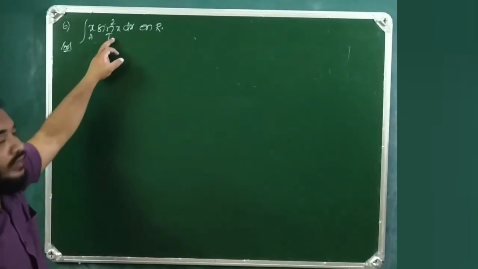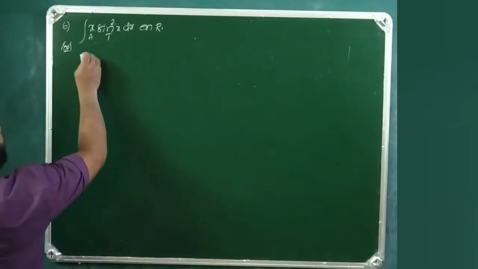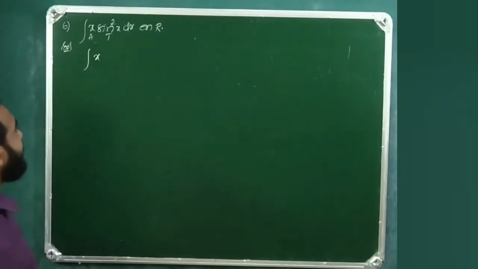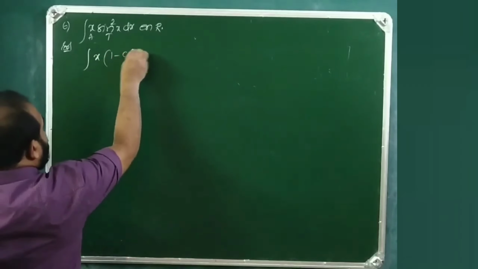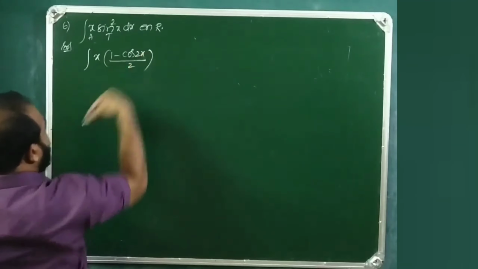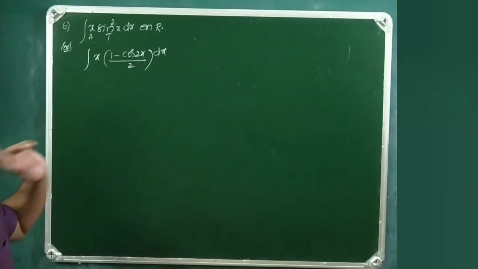But sin square x, sin cube x, sin power 4x will be complicated. Therefore, first we will rewrite it as x, sin square x can be written as 1 minus cos 2x by 2 dx. This is what we have learnt in trigonometry.